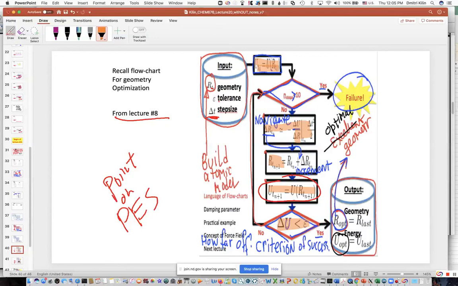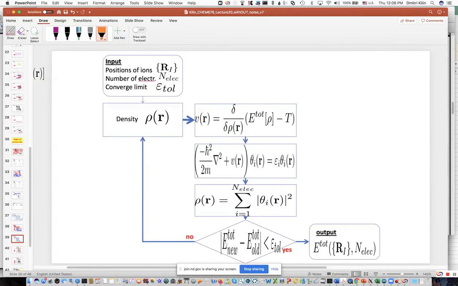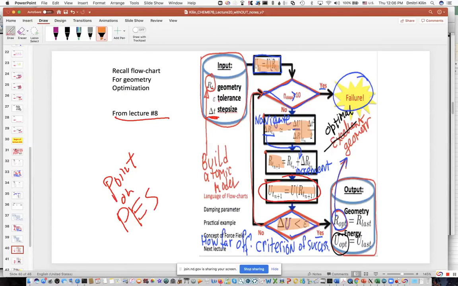Now let's merge two theories. In our previous slides, you designed an algorithm to find the total energy of a system if the positions of ions are known. I'm going one slide back. So if positions of ions are known, you can compute total energy as a function of positions of ions. Can we plug this algorithm inside the box where we need to find total energy?